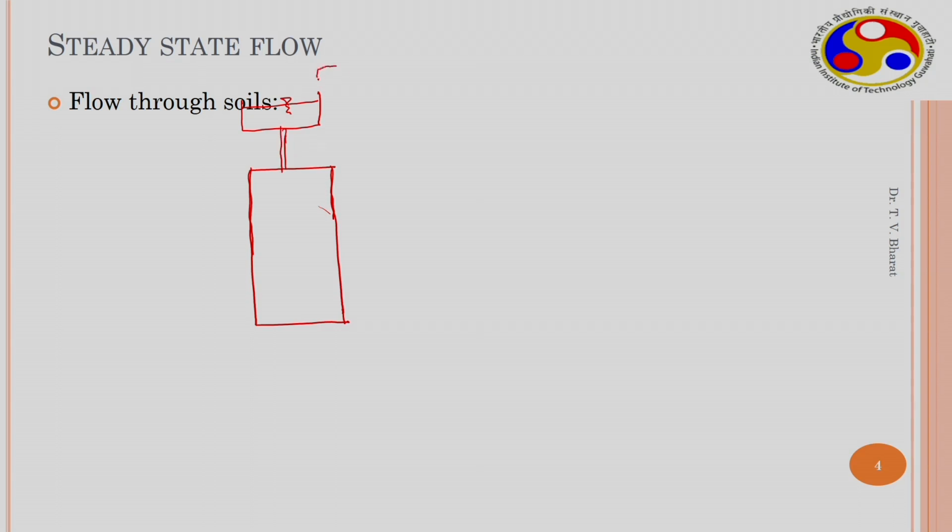In the reservoir there is always a flow that takes place. You can connect to a pump, so water always drops in and then you have an outlet, so you can maintain a certain head always. So this is the soil mass.